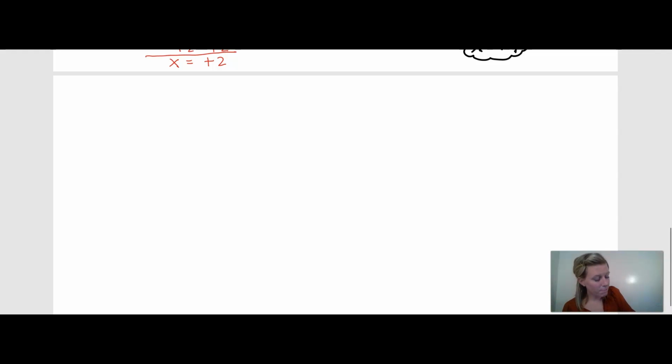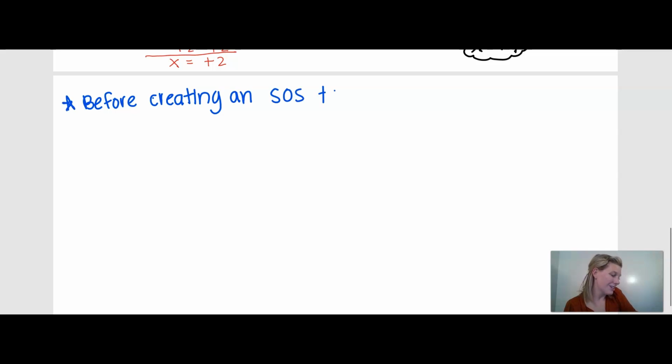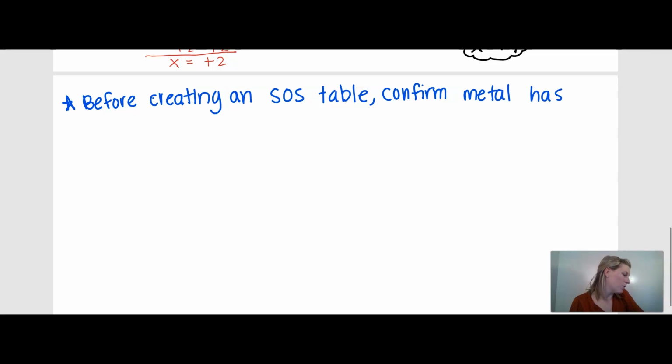So before creating, and I'm going to star this, an SOS table, confirm that the metal has more than one charge. Because if it doesn't, then you do not need a Roman numeral and you do not need an SOS table.